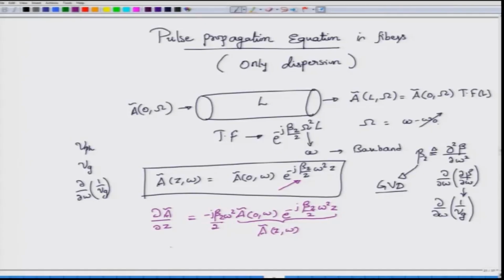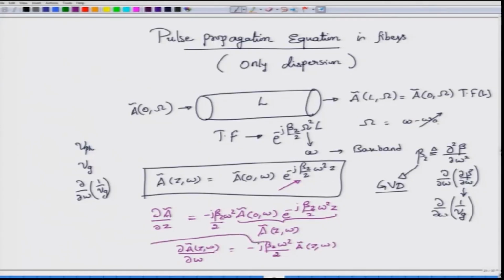So, what we have is a fairly simple linear equation which tells you that the derivative of the pulse Fourier transform at any point z in the fiber is directly proportional to the Fourier transform itself. Okay. So, this is what you actually get.